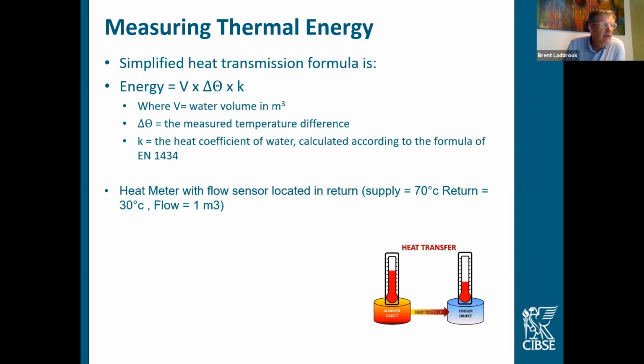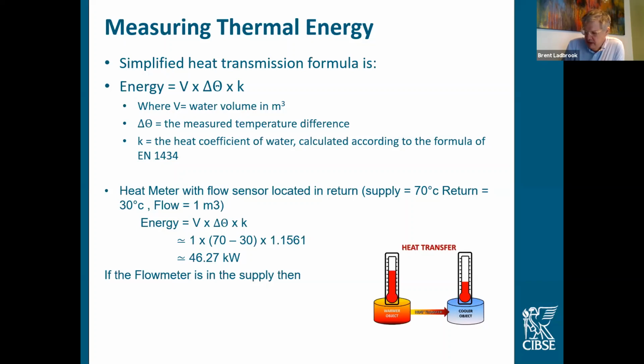It's coming out of that area at 30 degrees Celsius. And let's say we've got 1 cubic meter of water coming through there. See our formula there: 1 times 70 minus 30, or 40, so 1 times 40, and K for water at 30 degrees C, which is where we're measuring, is 1.1561. So we have 46.27 kilowatts of energy.